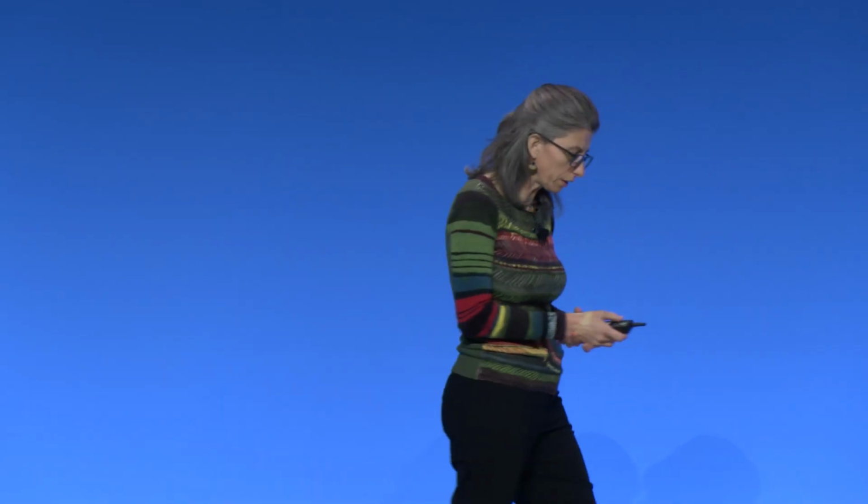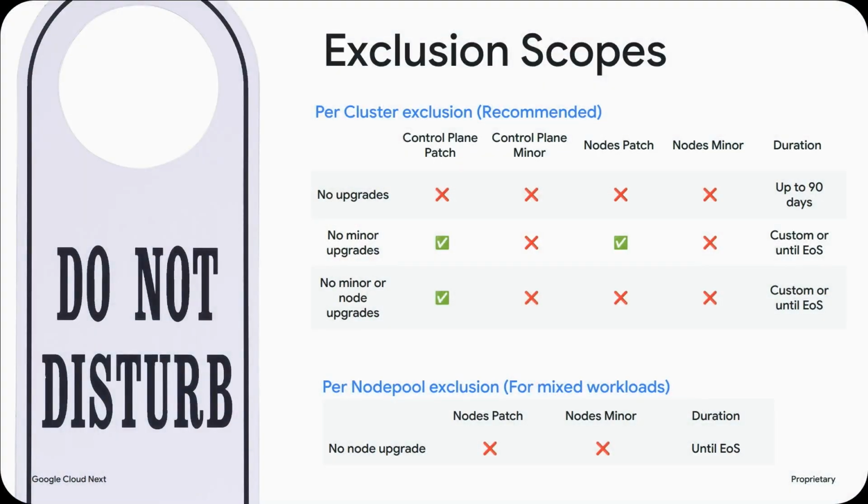And this is not something that you should use often, but for rare scenarios where you want a self-service and you want to basically freeze your environment for a specific business period, or you want a little bit more flexibility around end of support, you can use that as a one-time exclusion. The other thing that we've heard from a lot of you is that the per node pool exclusion that we have in node channel can be useful for mixed workload environment.